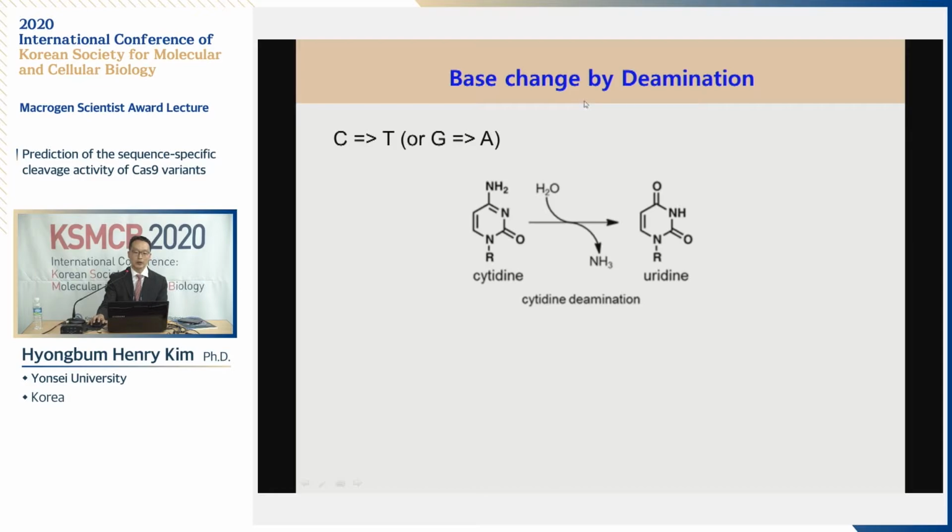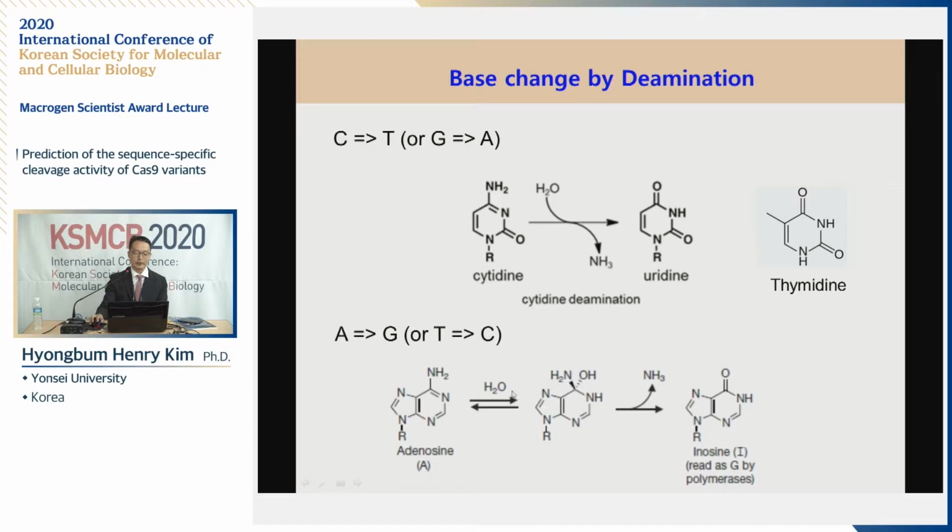Then I'll talk about the other kinds of genome editing, which is deamination for base change. This is the structure of cytidine, and as you can see here, there is an amine residue. If we remove the amine residue, then cytidine becomes uridine. Uridine is recognized as thymidine by DNA polymerases.